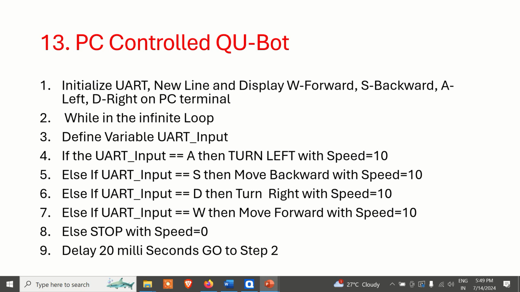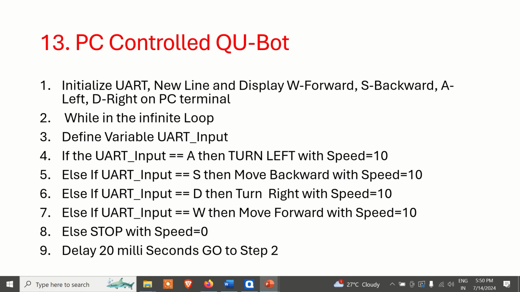And now enter into the infinite loop. In the infinite loop, first define the variable UART input, because you have to continuously read any key is pressed from the computer side. Now use the if conditions of UART input.